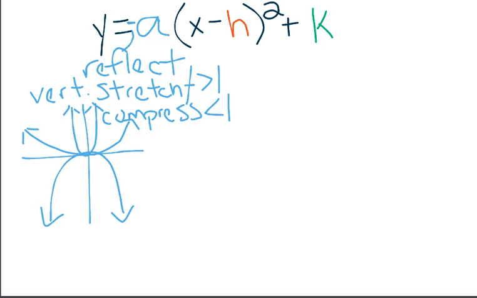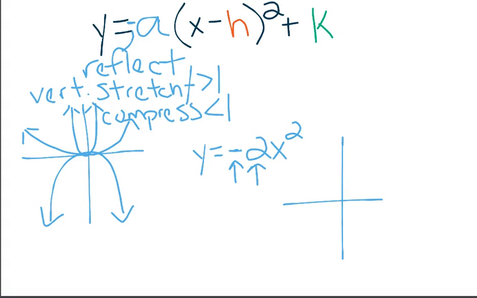So those are the transformations the a does. Let's give an example. If I have y equals negative 2 x squared, I know the negative is going to reflect it down, and the 2 is going to stretch it skinnier. So my graph is going to look something like that.